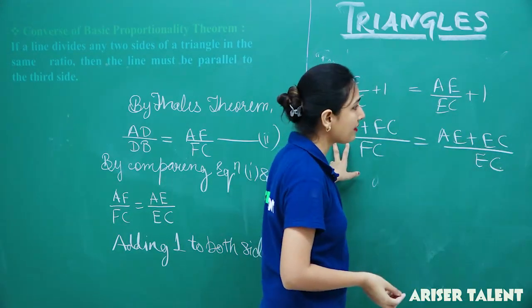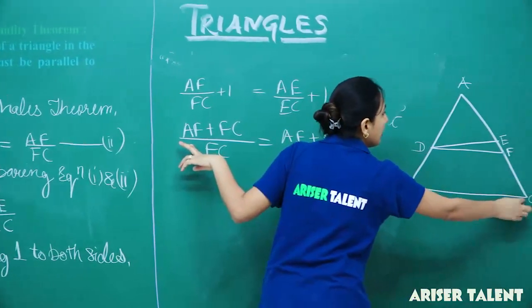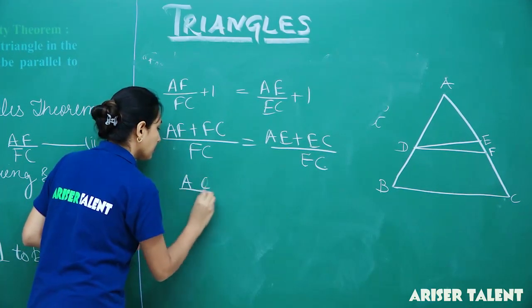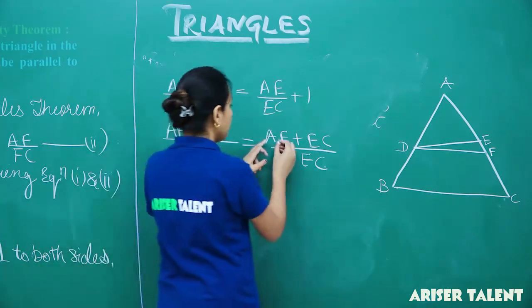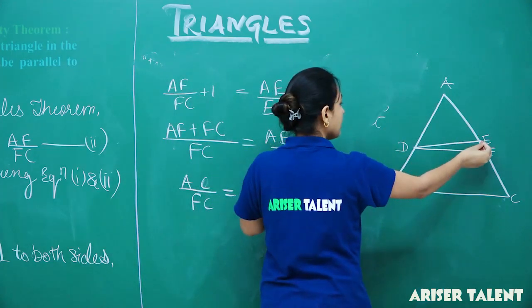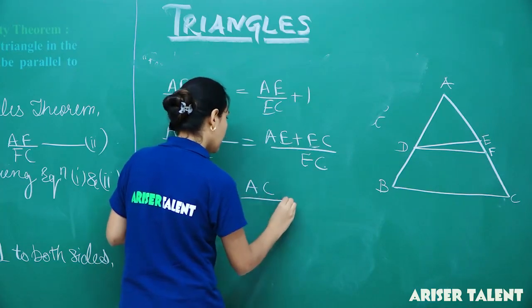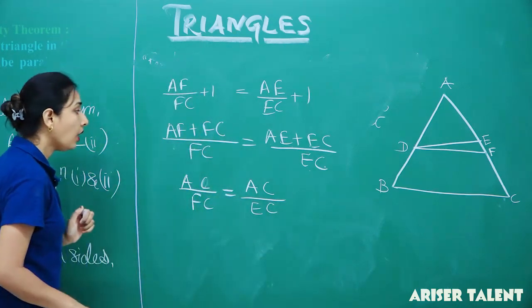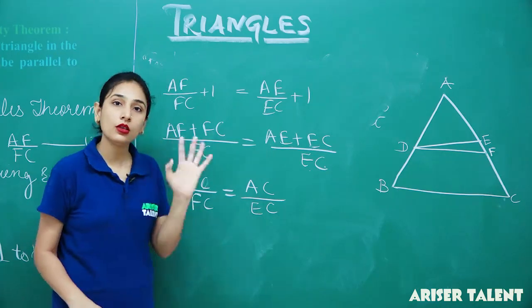What is AF plus FC? This is AF and this is FC, that will be AC divided by FC. And AE plus EC will again be AC divided by EC.